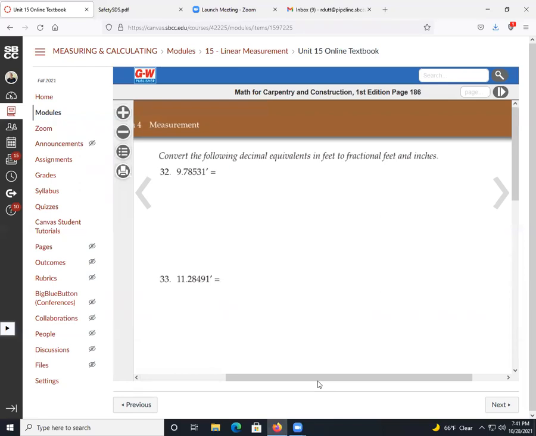We need to convert 9.78531 feet to feet and inches, to fractional feet and inches. Sorry, decimal equivalents in feet to fractional feet and inches.